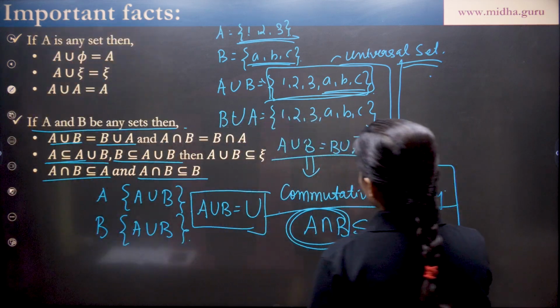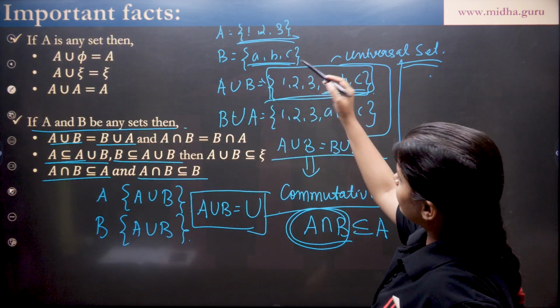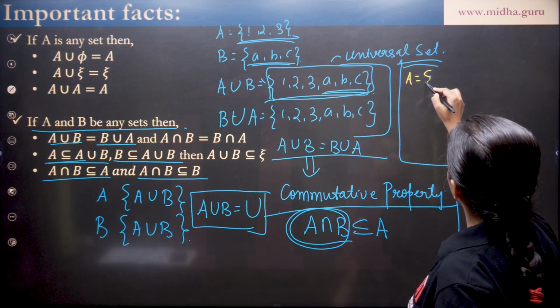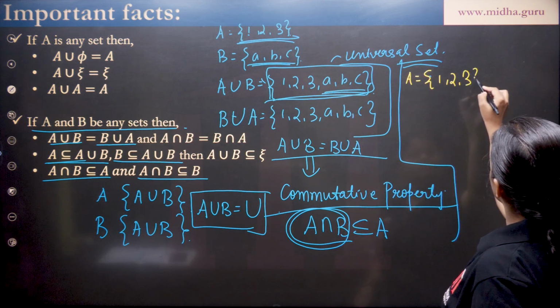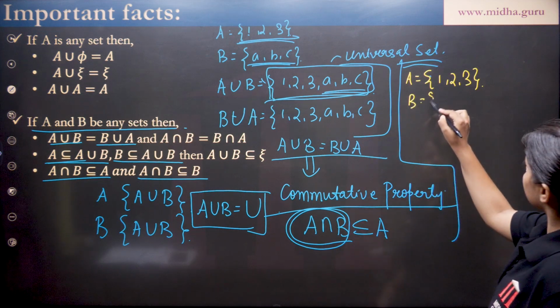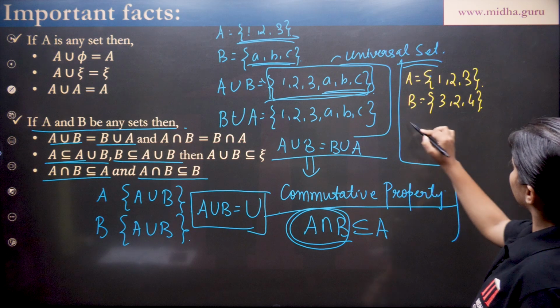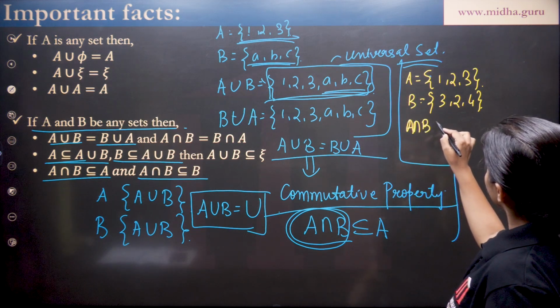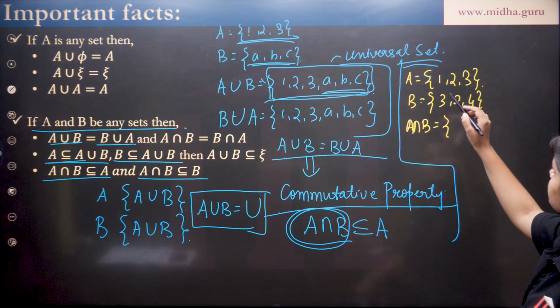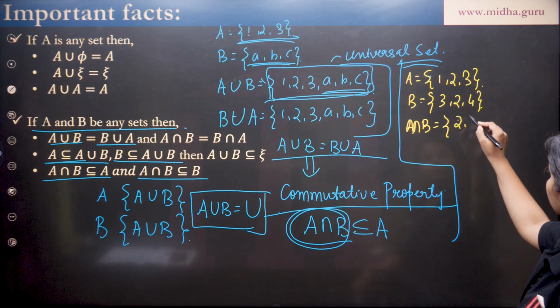Let's say set A is 1, 2, 3 and another set B is 3, 2, 4. So what is A intersection B? It is 2 and 3.